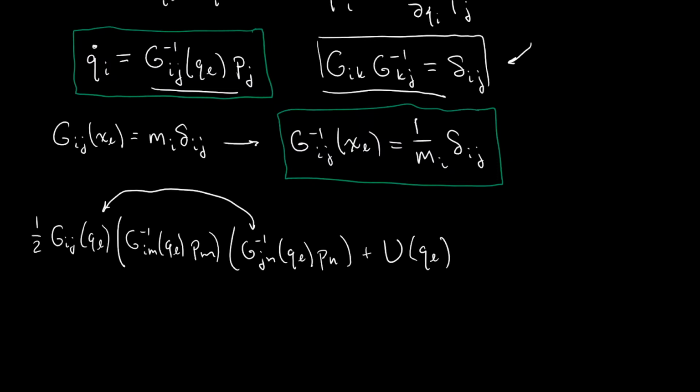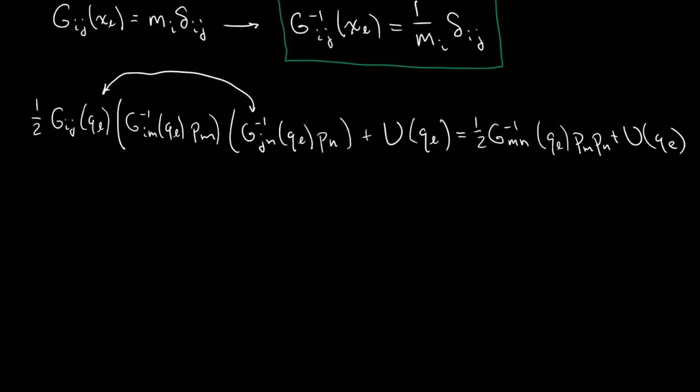I can rewrite this as 1/2 G inverse mn, P_m P_n, plus U. I'll explicitly write this as a function of q's.